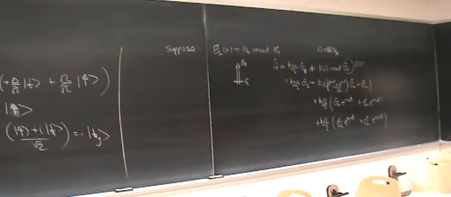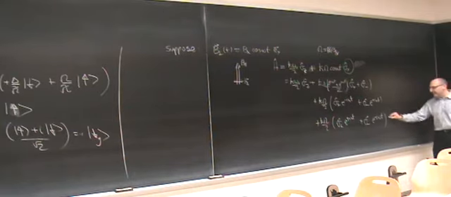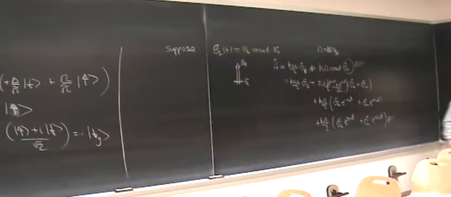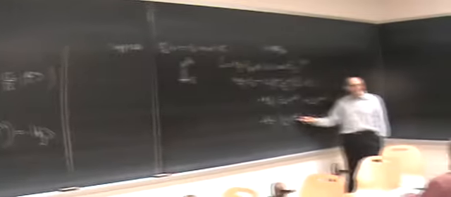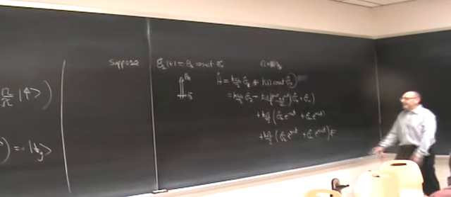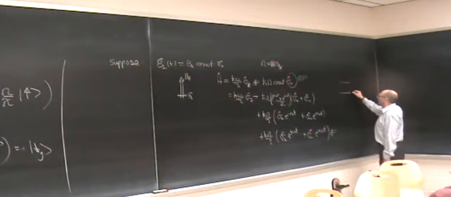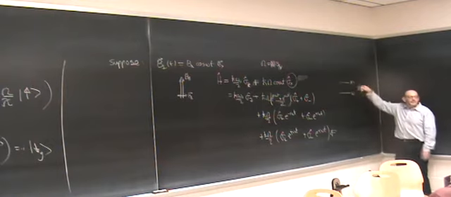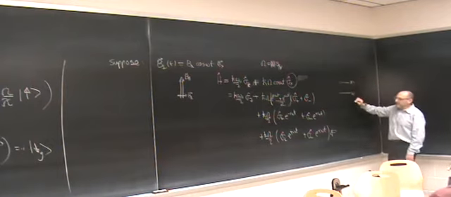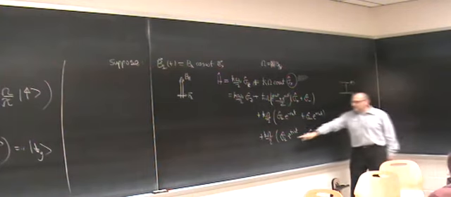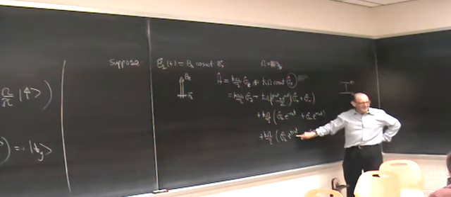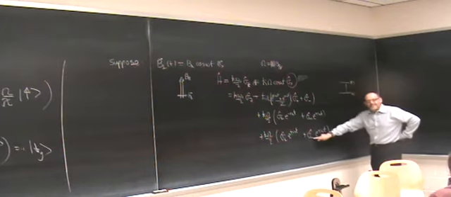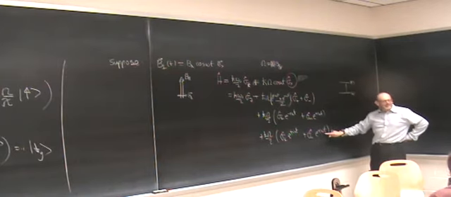So now, in contrast to what we had before, I have these other terms, and these terms have the opposite signs. From the point of view of the quantum levels, sigma plus is driven with e to the plus I omega t, and sigma minus is driven with e to the minus I omega t.